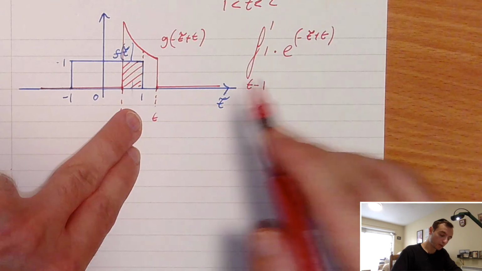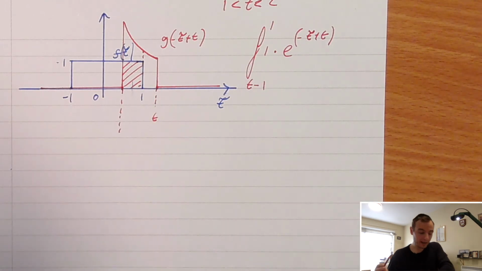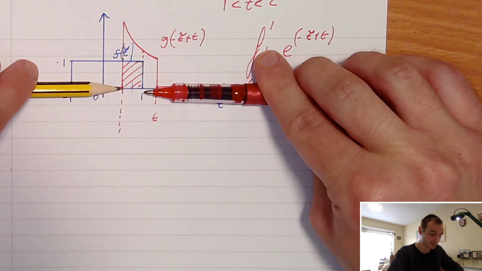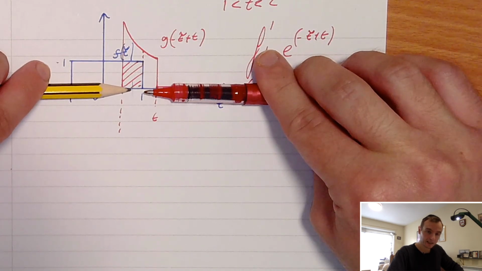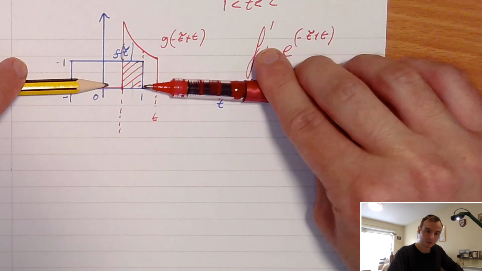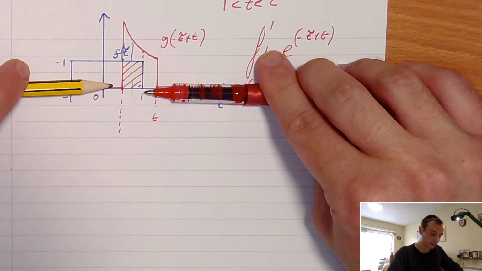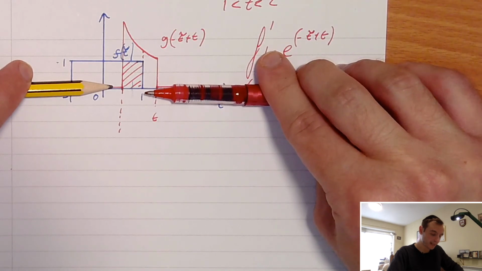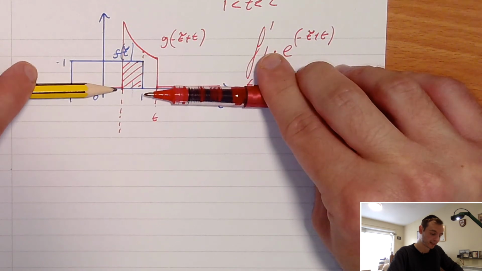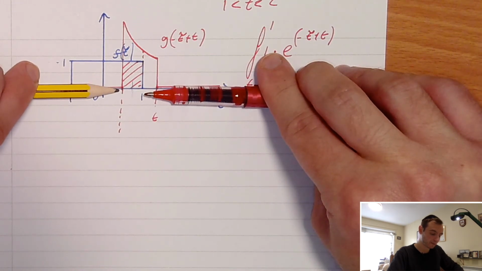And the integration will only be this window. Remember, as the window is closing in this direction, it's getting thinner and thinner. Over here, the window is going to be between 1 and t minus 1, since t is always going to be between 1 and this value here.